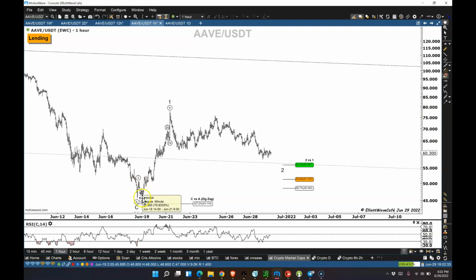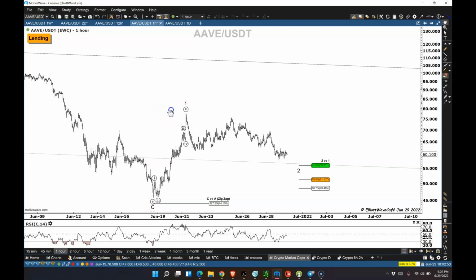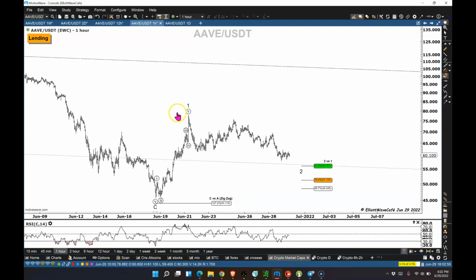This would be the way I would want to label this wave 1, and it's pretty simple and without a lot of arguments that this is an impulsive move, and whatever happens here, right back from this high to this low, is highly corrective.